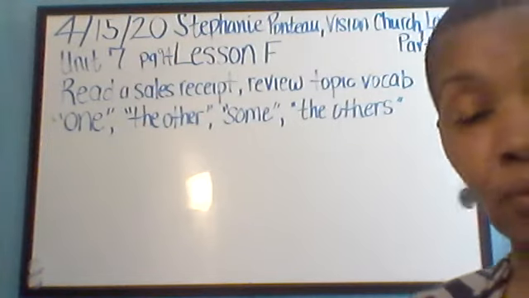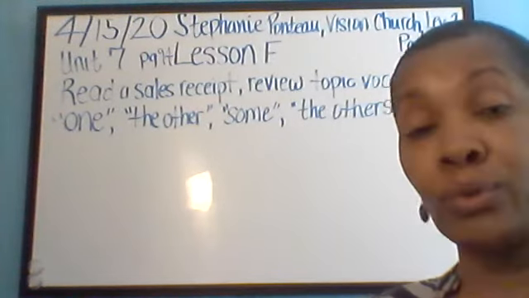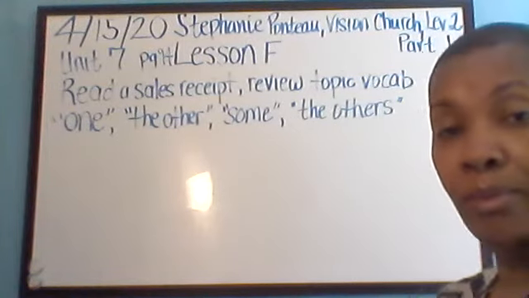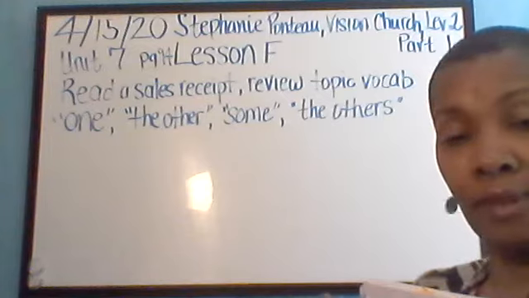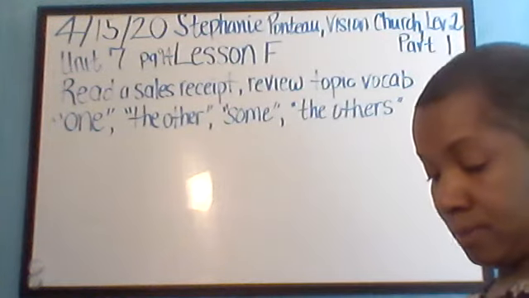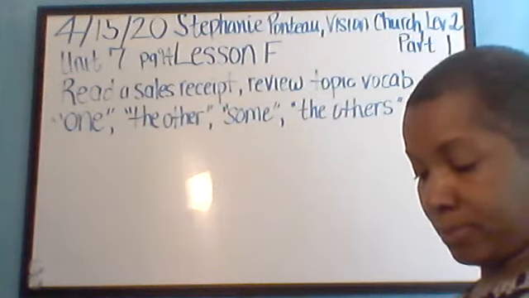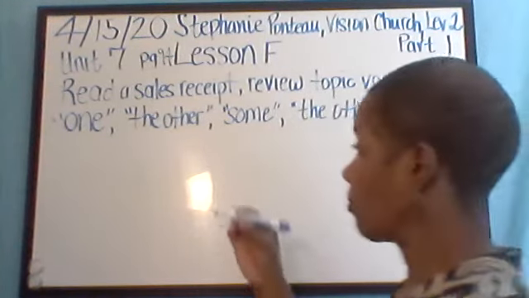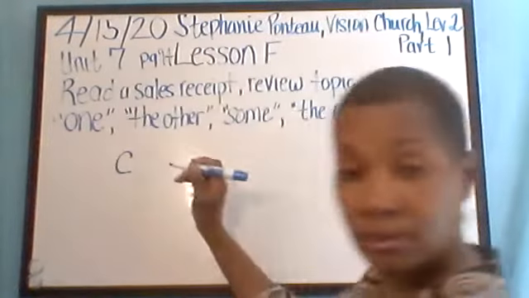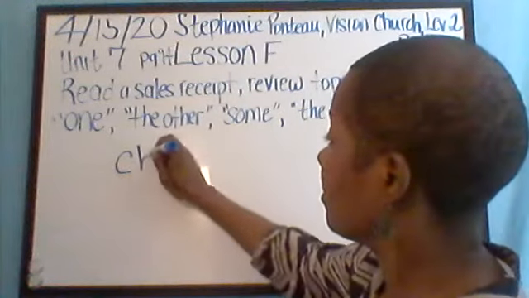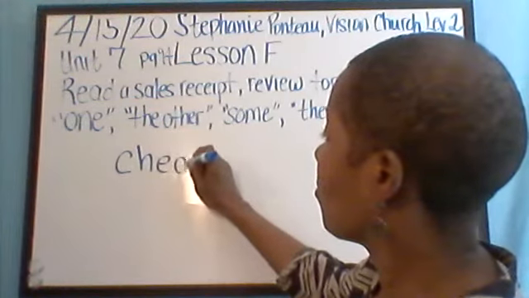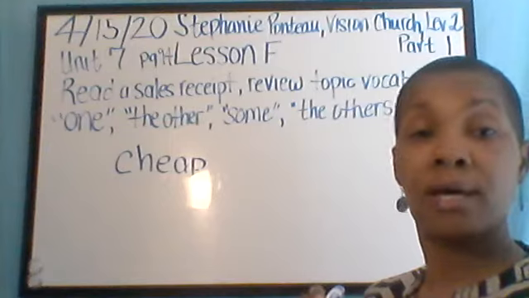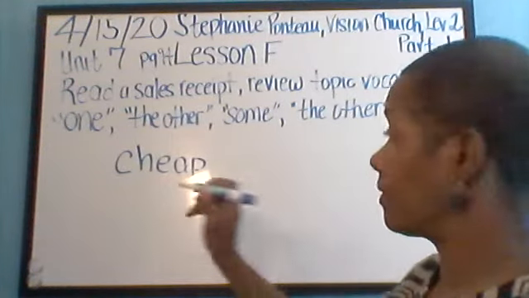All right, so the next thing that we're going to review is superlatives. Okay, so I'm going to write some adjectives up here on my board. Cheap, the opposite of cheap is, yes, expensive.